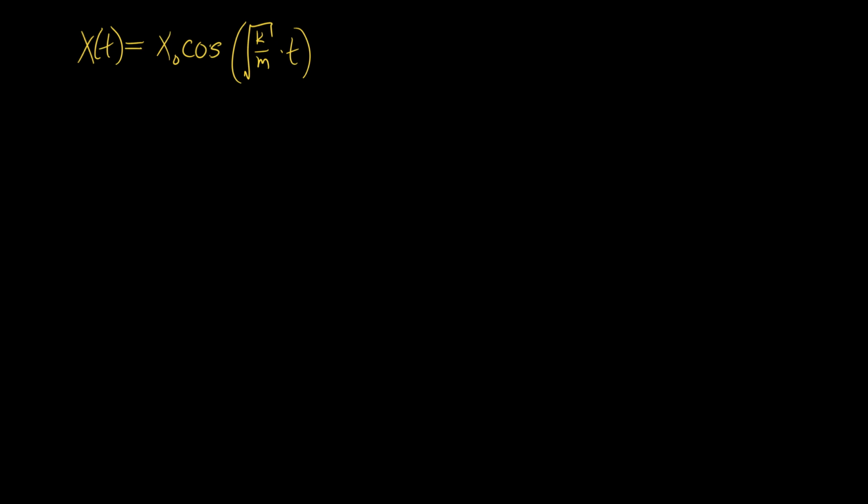Cosine repeats itself, right? When does cosine repeat itself? Every 2 pi? So when everything in here reaches 2 pi, we get back to where we started, correct?